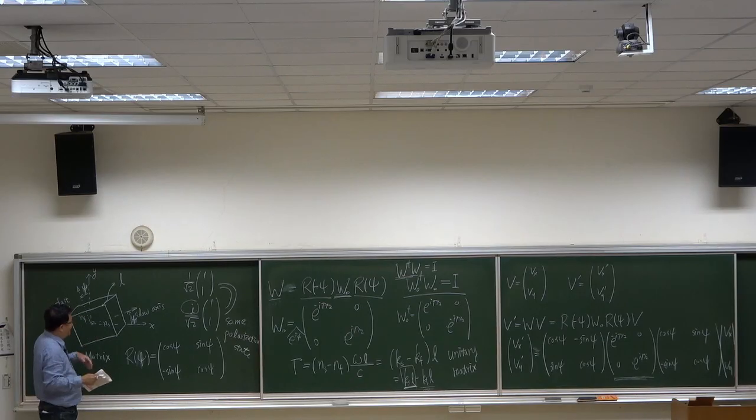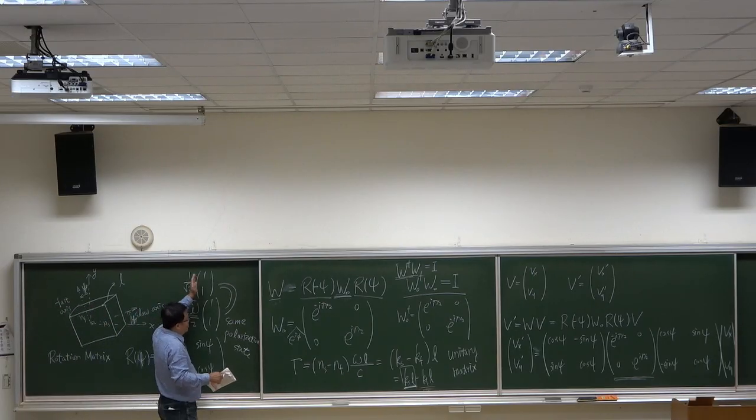However, in that case, we should take the reflected wave into consideration. So the column vector becomes 4 by 1, where we have the polarization state of the incident light and the polarization state of the reflected light.